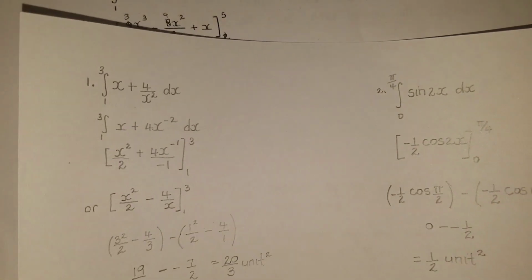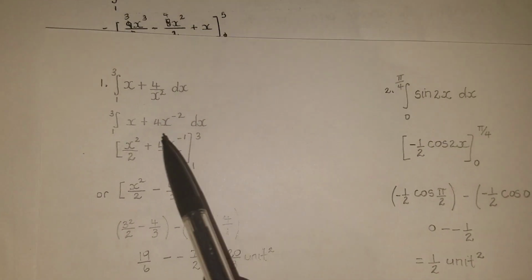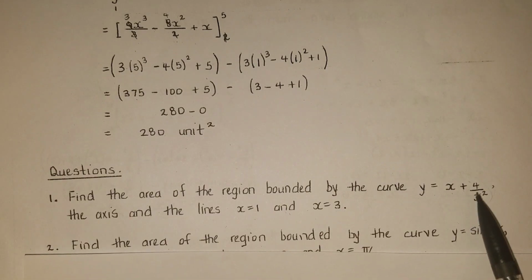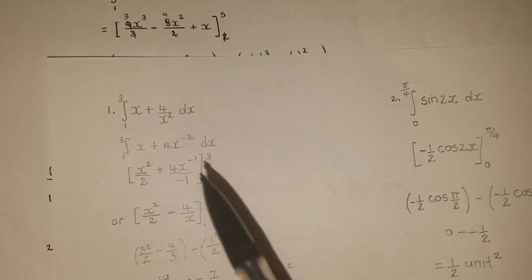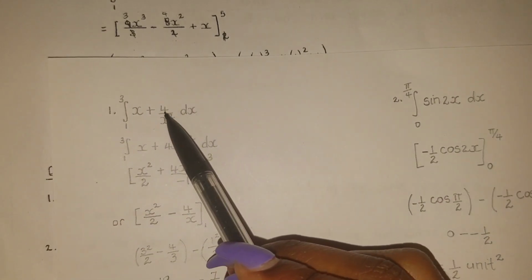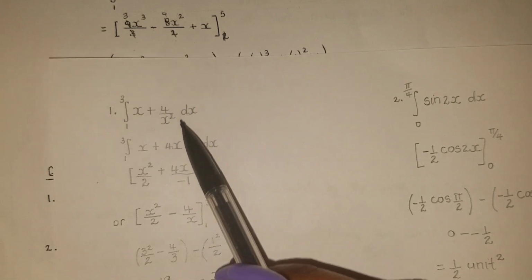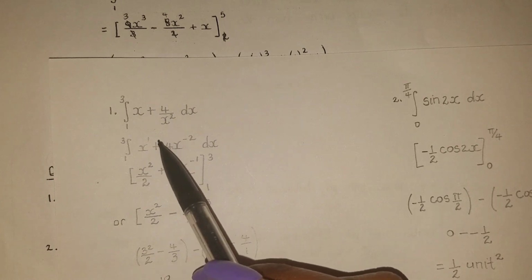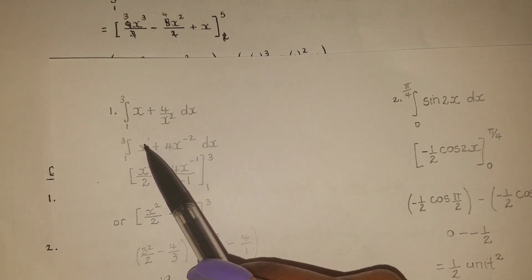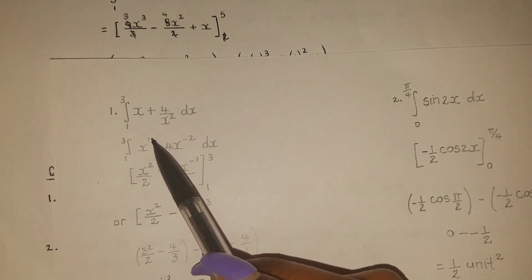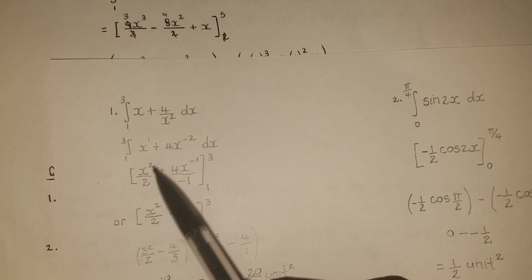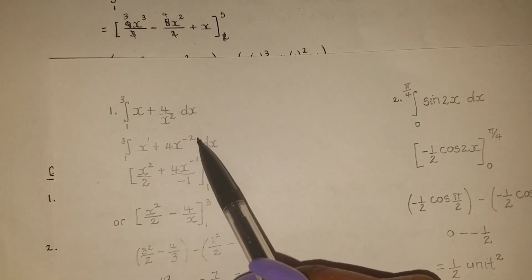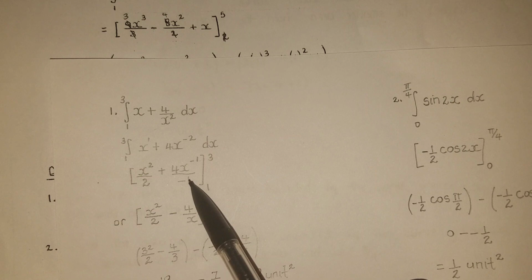So here we have our x plus 4 over x squared that we need to integrate. Now, first I brought my x squared up and raised it to a negative 2. So now let's integrate. This x is already as a power of 1, so when we add 1 we get 2 and we divide by that 2. Add 1 to negative 2 to get negative 1 and divide by negative 1.